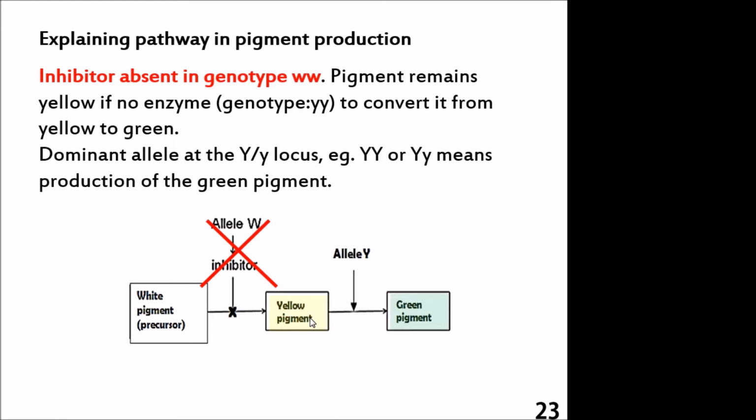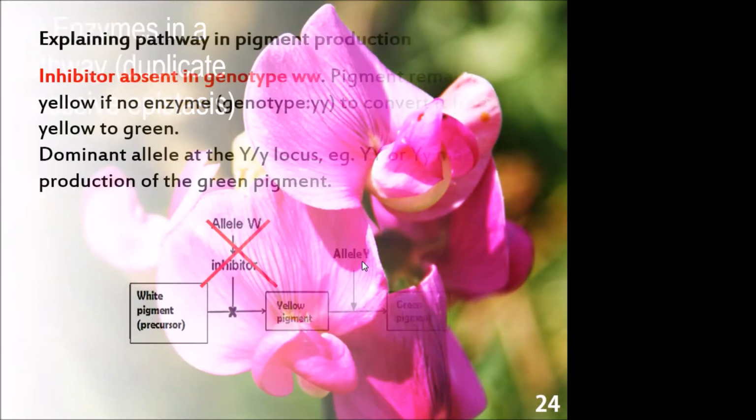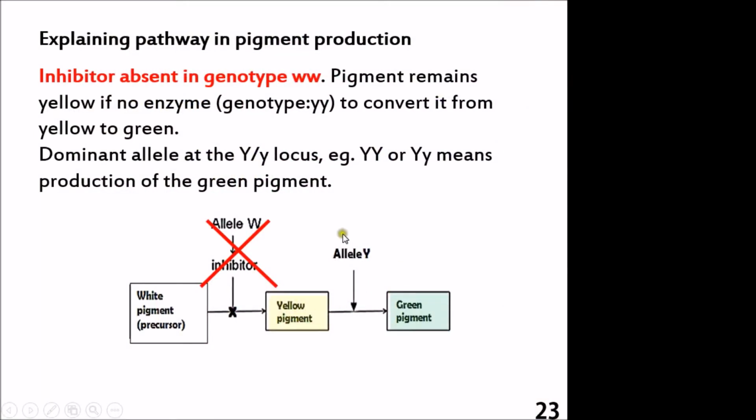That's why individuals with small w and one big Y can be green, and individuals with small w, small y stay as yellow. Because big Y codes for the enzyme that can change yellow to green. If you have a small y, you don't have a functional enzyme that can change yellow pigment to green pigment, so you stay as yellow.